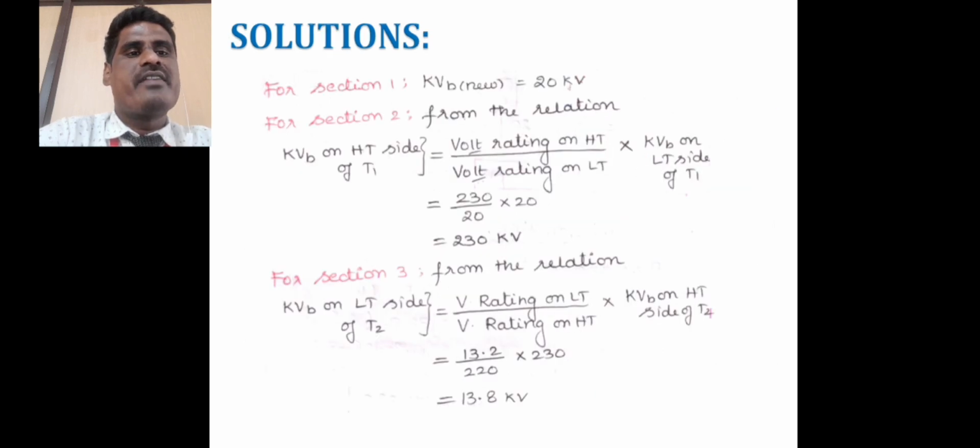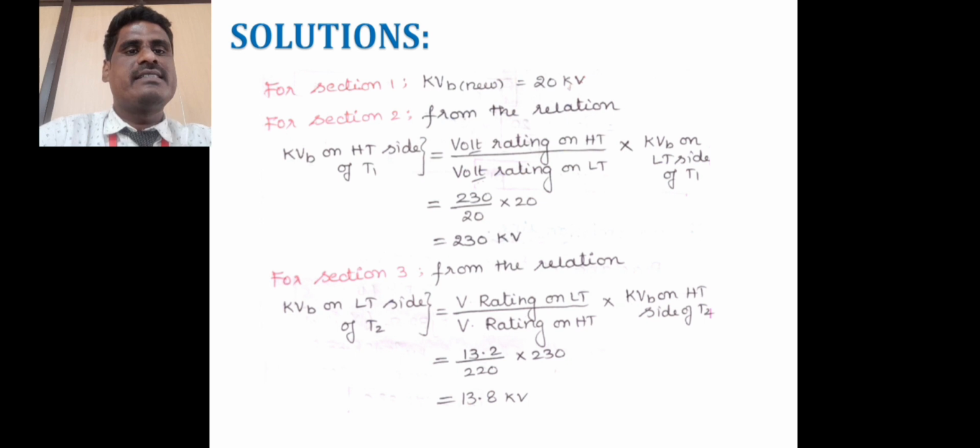So, LT divided by HT means 13.2 divided by 220 into the already calculated section 2 value, that means the transformer 1 value is written the same as for T2. So, kVb on HT side of T2 value is the section 2 value, 230.